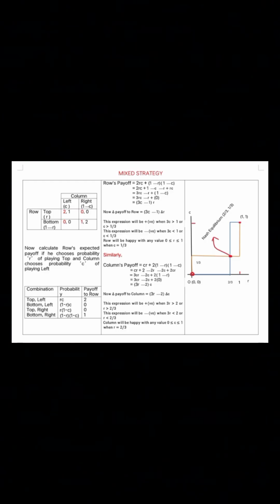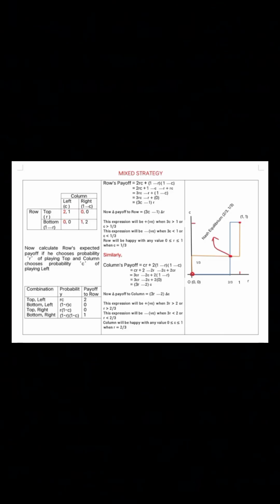Depending upon C, rho's probability to choose strategy value will come. So it may be positive, it may be negative, or it may be in between 0 to 1, depending upon whether C is greater than 1 by 3, or C is less than 1 by 3, or C equals 1 by 3. So this is all about rho's payoff.